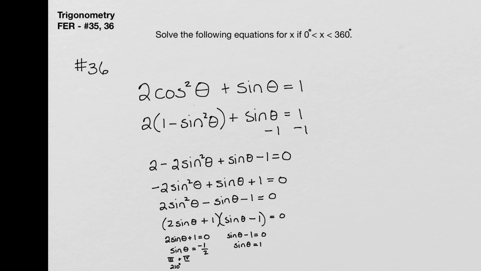And then in quadrant 4, that would be 330 degrees. And then sine theta is equal to 1 at 90 degrees. And that's it. So 3 solutions for that one: 90 degrees, 210, and 330. And that's my final answer.